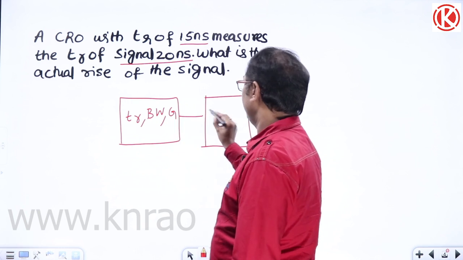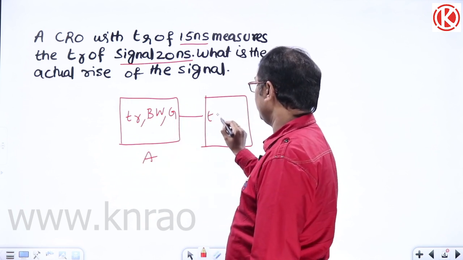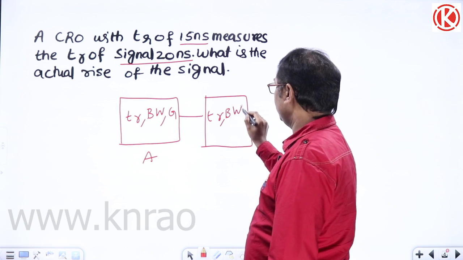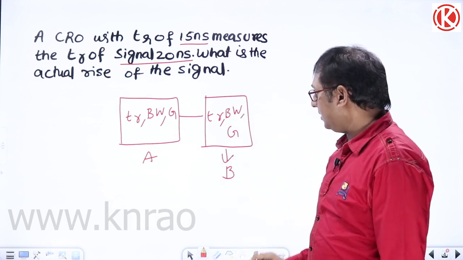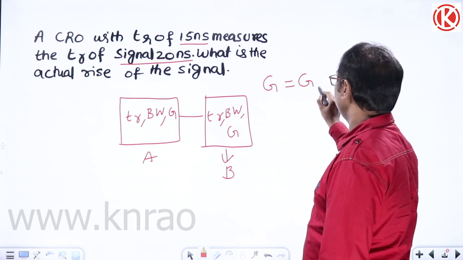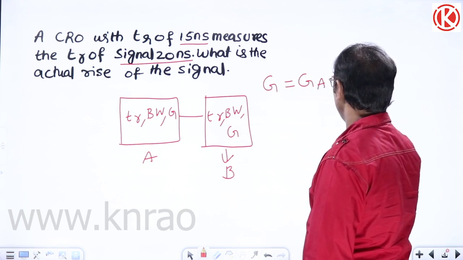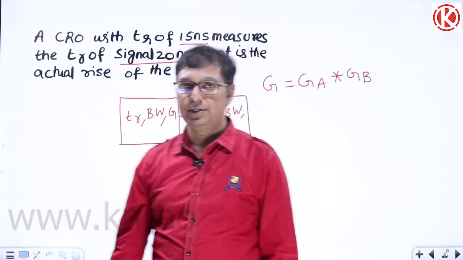Call this A amplifier, and the rise time, bandwidth, and gain of the B amplifier. What is the overall gain? Yes, GA into GB. Overall gain equals GA into GB.